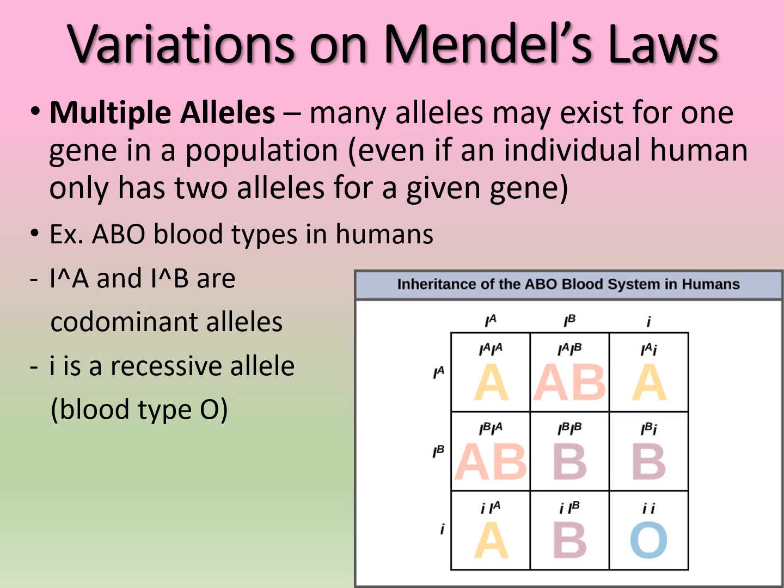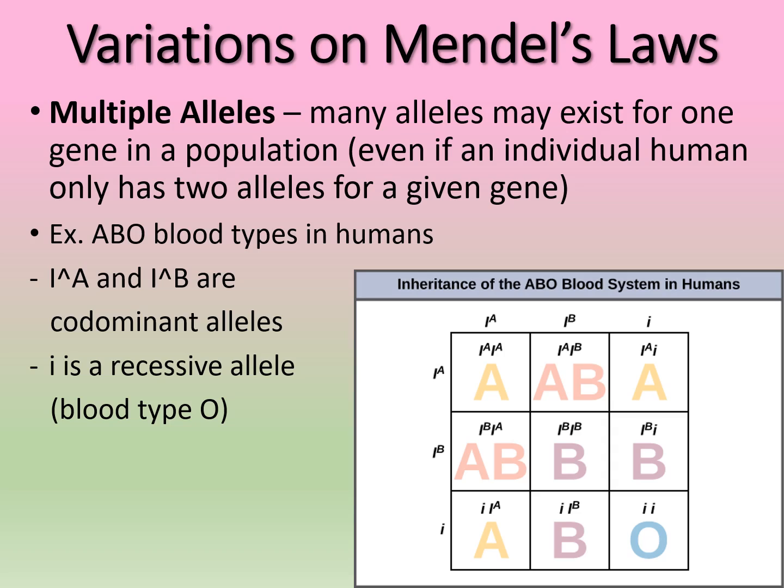Okay, so here's just showing all the possible allele combinations in humans. Okay, so if we have our 3 different allele options where we have big IA, big IB, and little i, we can combo those with another allele, with one of the other 3, right?